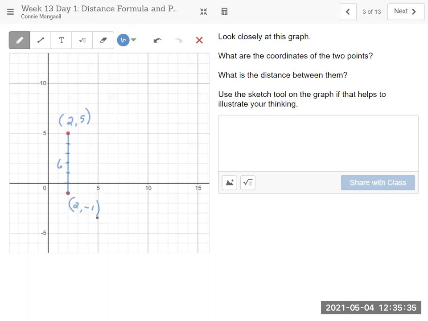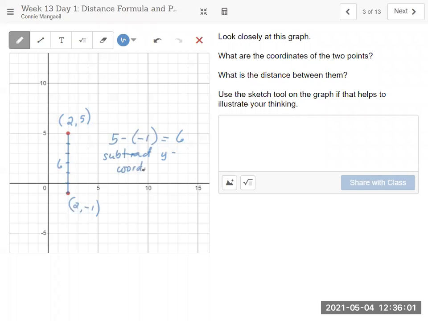We do 5 minus negative 1. Now remember, if you have 2 negatives, it turns into positive. So 5 plus 1 is equal to 6. So this time we subtract the y coordinates.